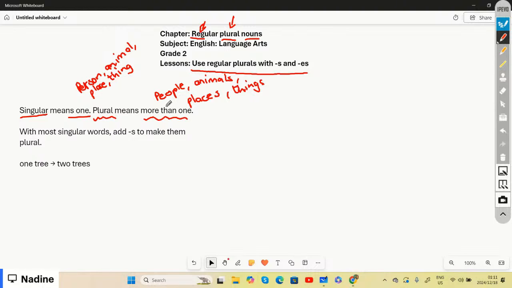So here, when it comes to plural, I'm referring to it as more than one, whereas here with singular, I only wrote it in singular form, only making mention of one.